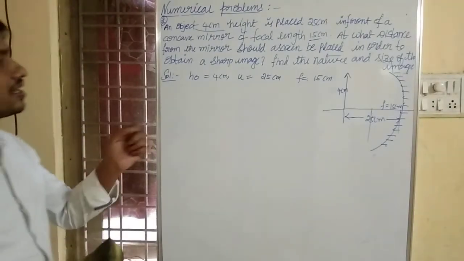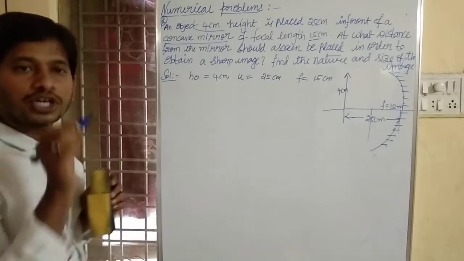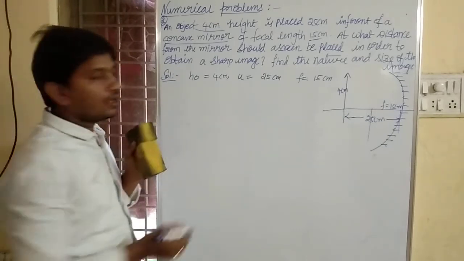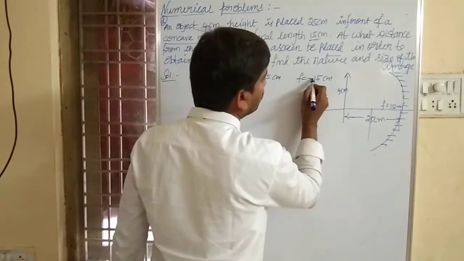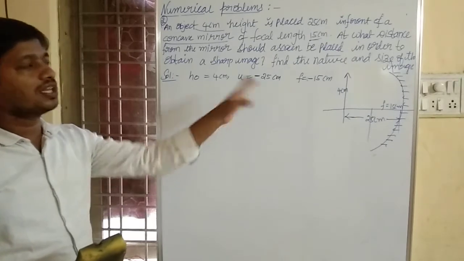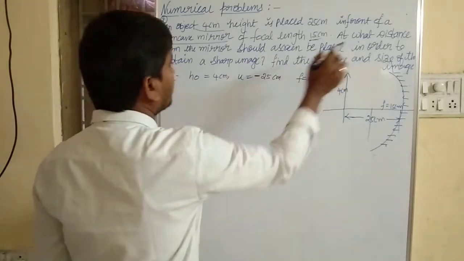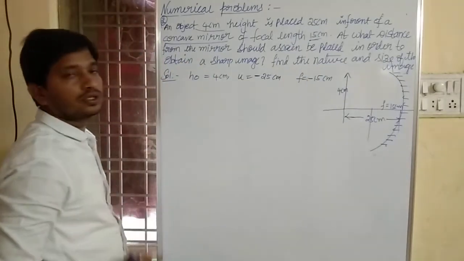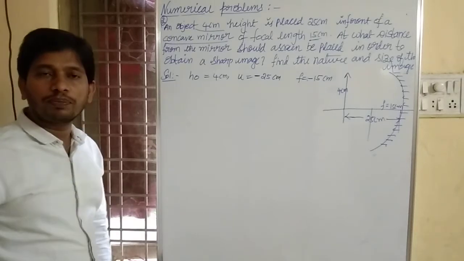According to the sign convention, for a concave mirror, object distance will be negative and focal length is also negative. This is given. Now what they are asking: at what distance from the mirror should a screen be placed in order to obtain a sharp image?